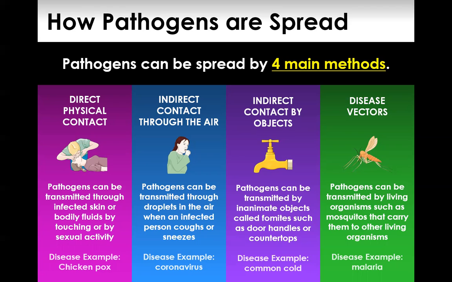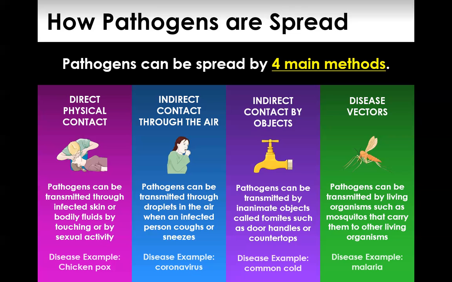Now, there's also going to be that indirect contact through the air. When we cough or sneeze, even when we speak, we're releasing droplets into the air. And if those droplets are infected with, for example, coronavirus or the tuberculosis bacterium, then we can transmit those infected particles to other people.